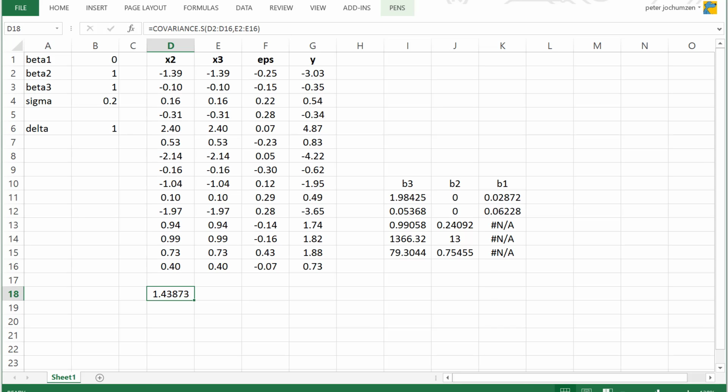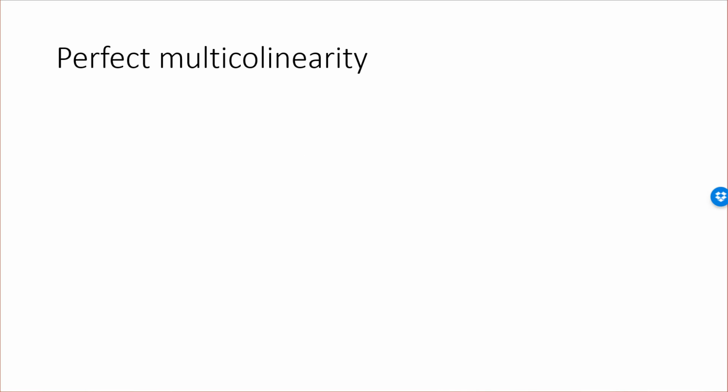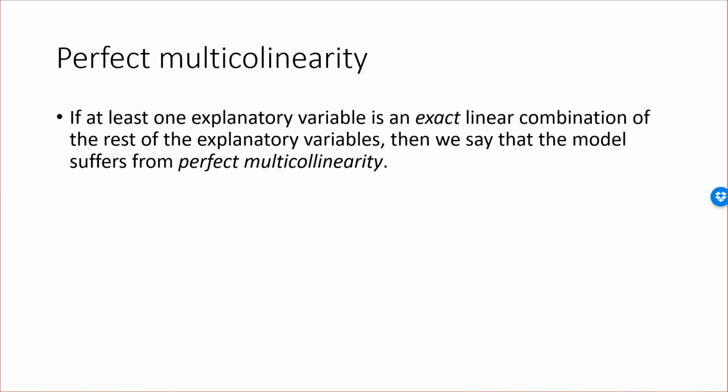This example, this simulation study, is a perfect example to describe and illustrate multicollinearity. So here are some definitions. We'll begin by talking about something called perfect multicollinearity. We talk about perfect multicollinearity if one of the explanatory variables is an exact linear combination of the rest of the explanatory variables.